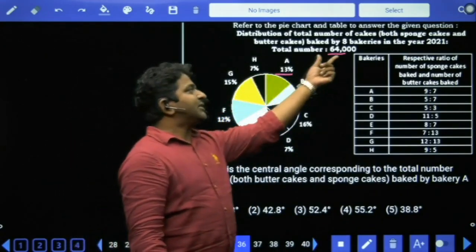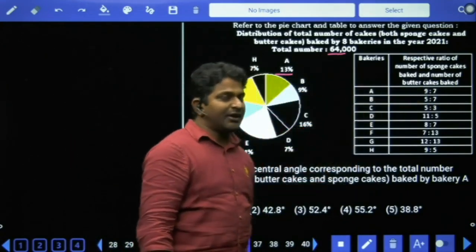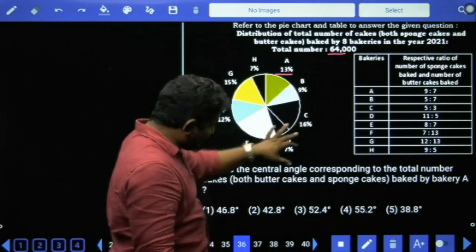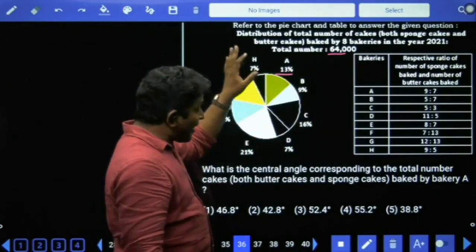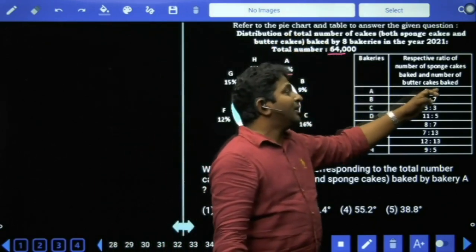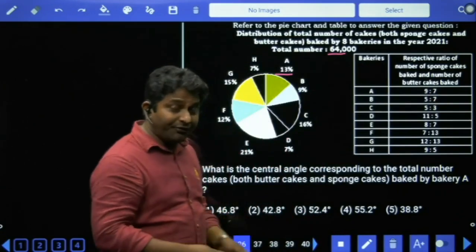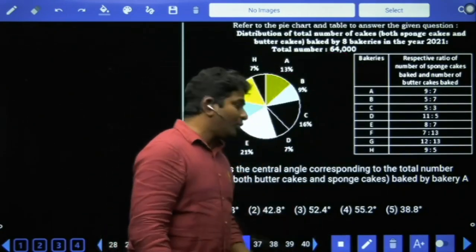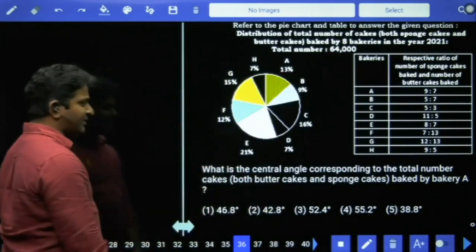So 13% of 640 must be divided in the ratio 9:7. Like that, we have 8 bakeries. For 8 conversions are required. After converting this, again these 8 numbers must be divided into respective ratio. So lot of time taken if at all you want to prepare the table at very first case. So don't go for that risk. Let us try to answer questions.